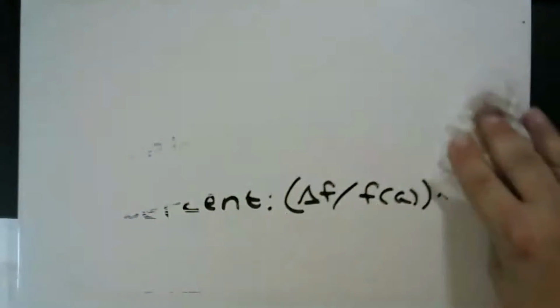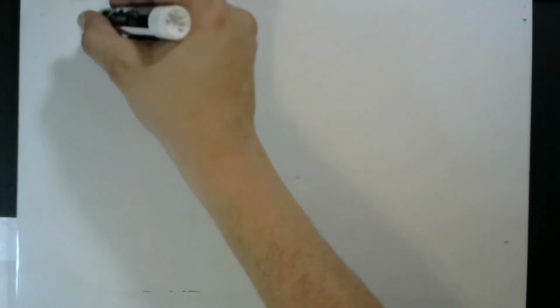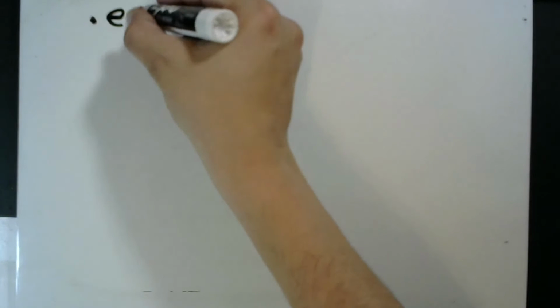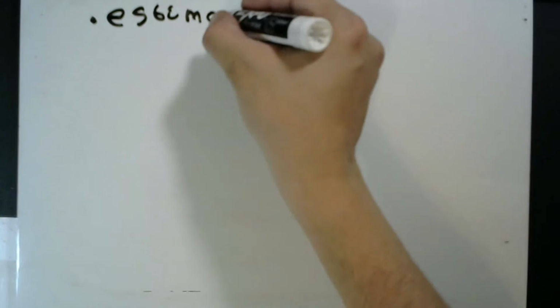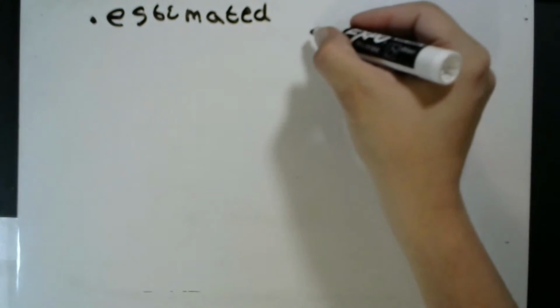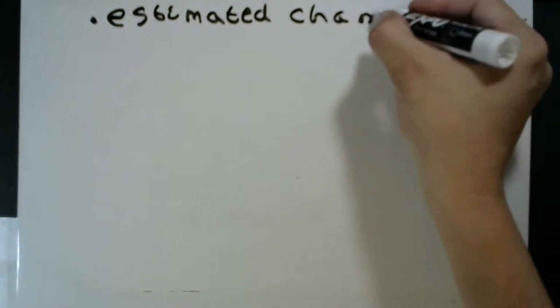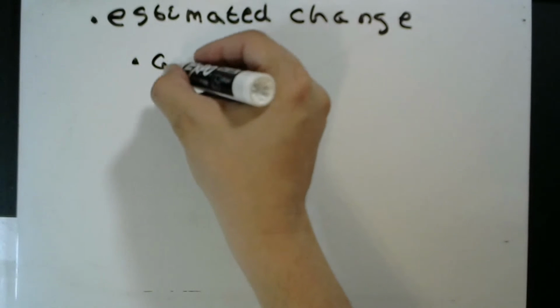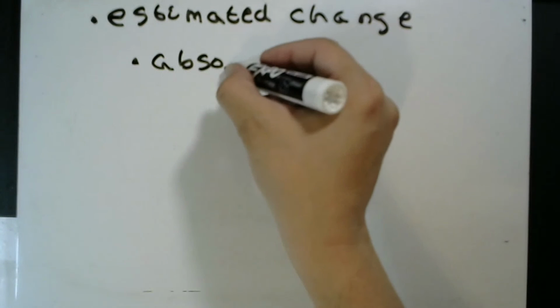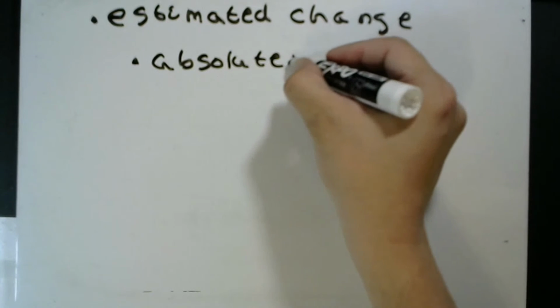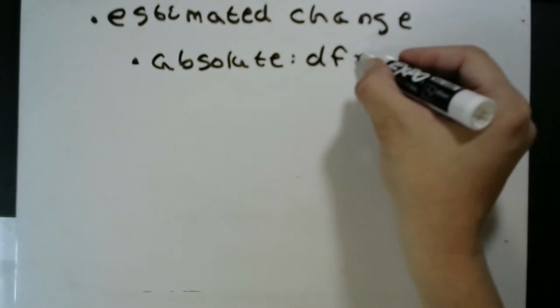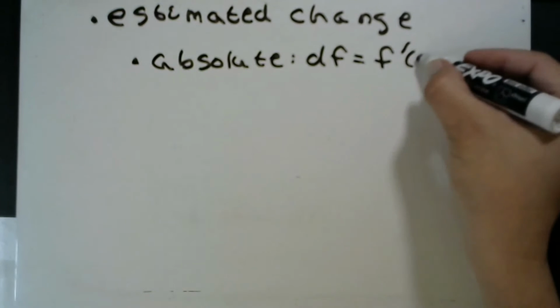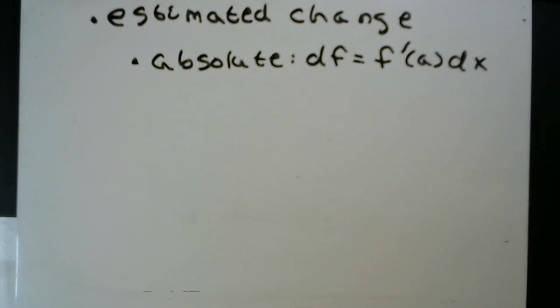Likewise, we're going to ask the same questions about df. So we're going to look at the estimated change. And again, we were using our estimate. Maybe it's easier on our computer processor to use our program. It runs faster if we use an estimate, or it's just easier to compute if we can afford some error. And we're going to have the same three types. So there's absolute. And again, we use df equals f prime of a dx.